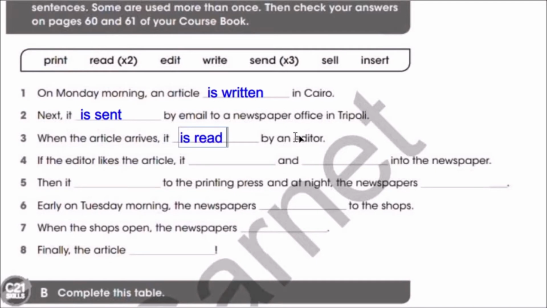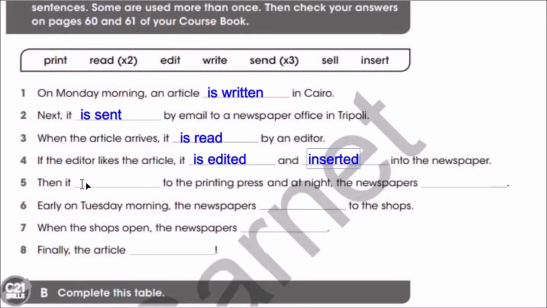Good job, by an editor. If the editor likes the article, it, very good, is edited and, very good, inserted into the newspaper.